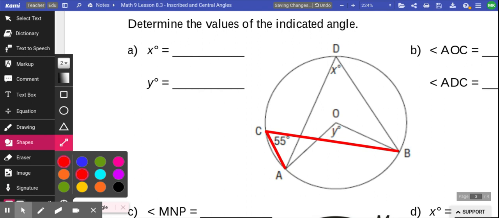I want to try to find the central angle that would be linked up with that inscribed angle. So I need to get from A to B, but now instead of going to C, I need to go to the center of the circle. So I create a central angle.